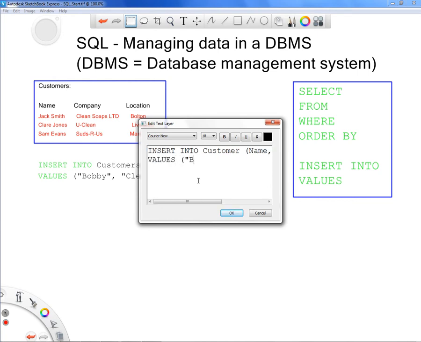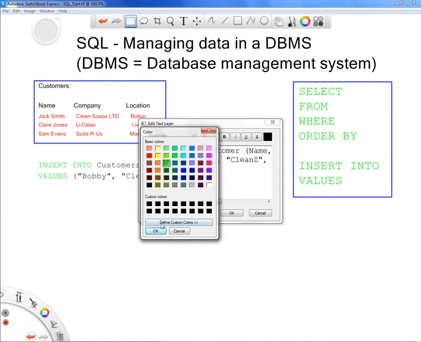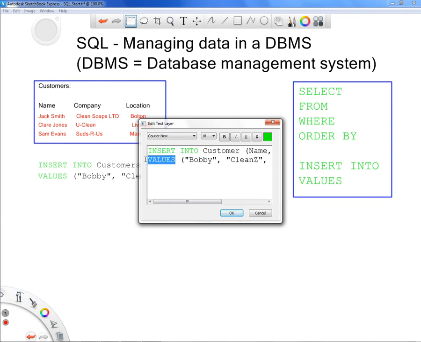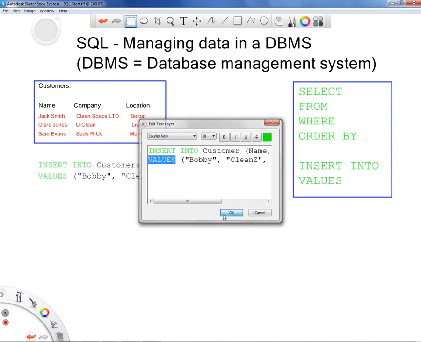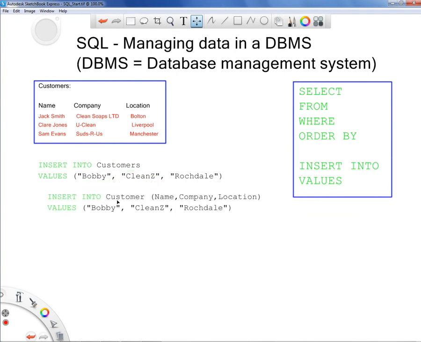I'll use the same example. But this time, instead of just hoping that the database will put it into the right fields, I've specified where they're going. So hopefully you can see the difference between those two.